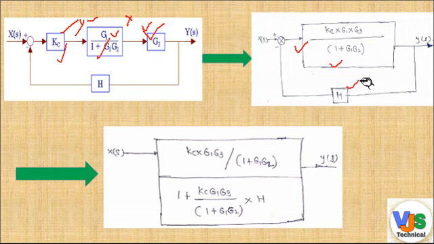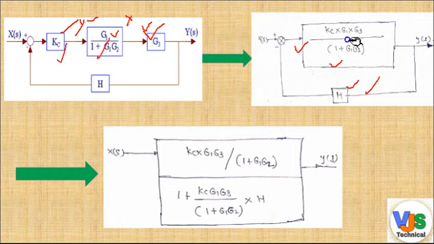Now we have to simply make the block diagram reduction. How can we do this? Now this block and this block are again in a feedback, because the comparator is provided on this side and this is the feedback loop system. So we can again apply the elimination rule for eliminating the feedback loop.